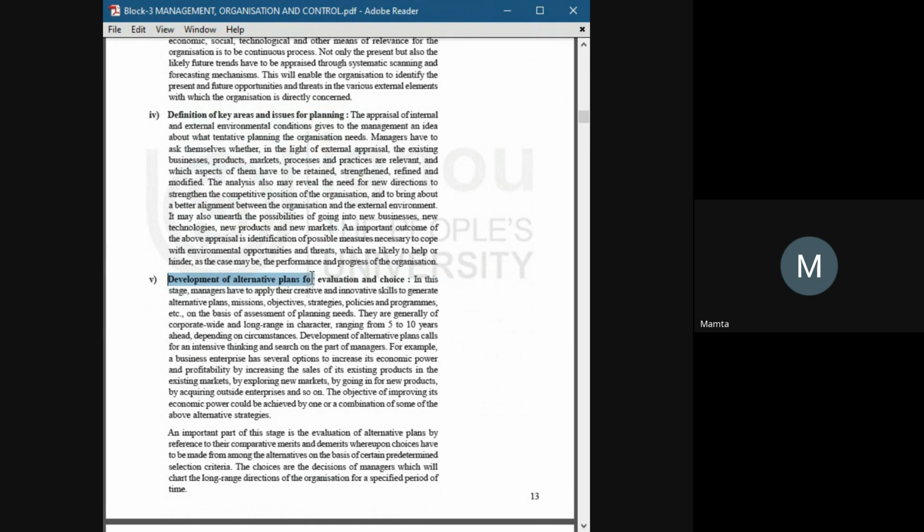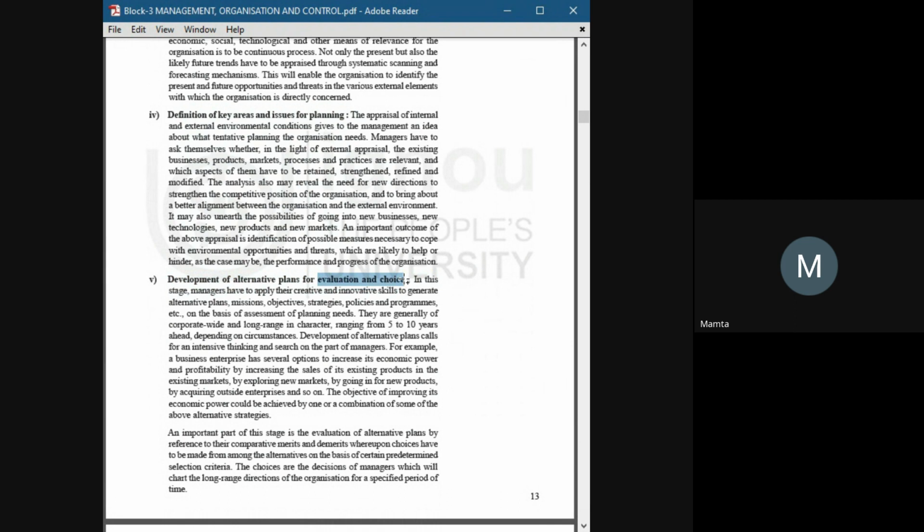Fifth, development of alternate plans for evaluation and choice. Managers have to apply their creative and innovative skills to generate alternative plans, missions, objectives, strategies, policies, and programs on the basis of assessment of planning needs.